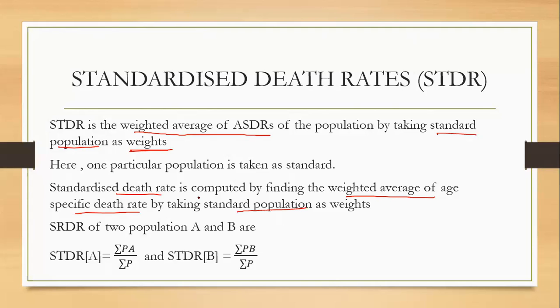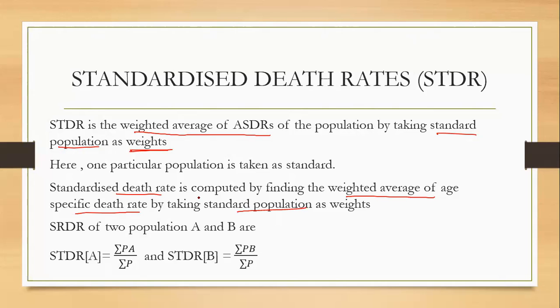If it is 2 or 3 populations, the standard population will be same for all of them, whichever area they give. Suppose they give us the population of locality A and population of B, the standard population given will be same for both.